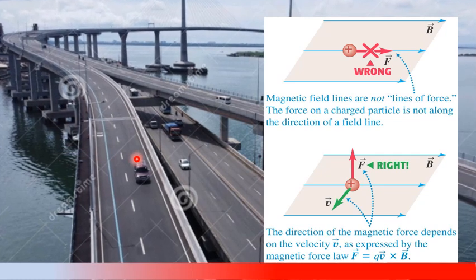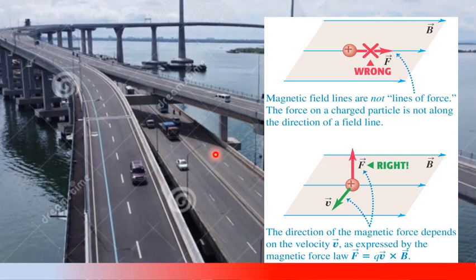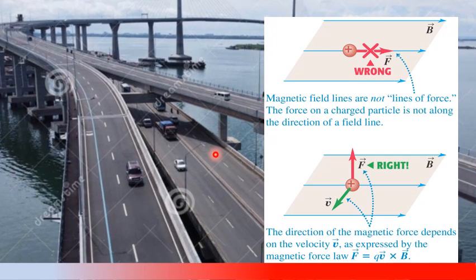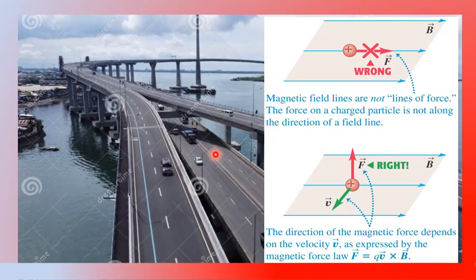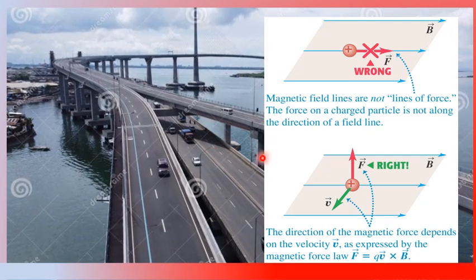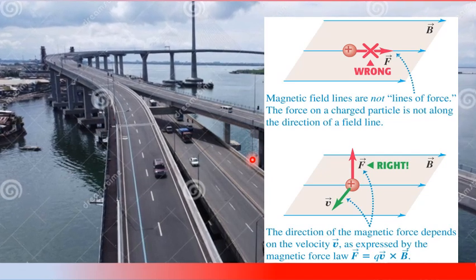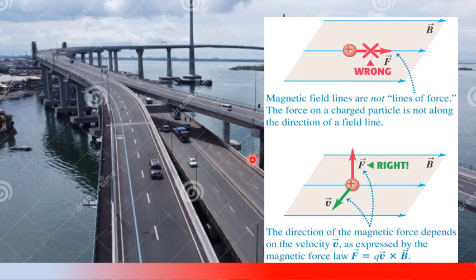As illustrated in the figure, magnetic field lines are not lines of force. The force on a charged particle is not along the direction of a field line.